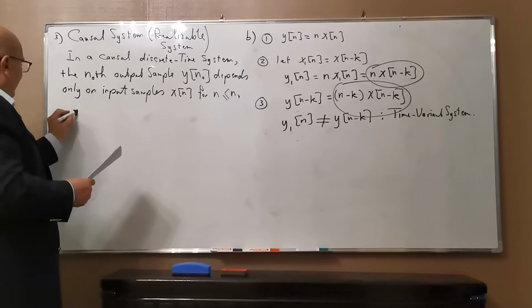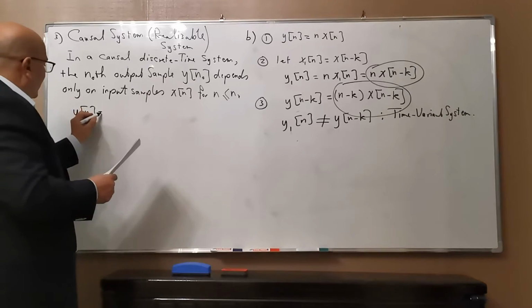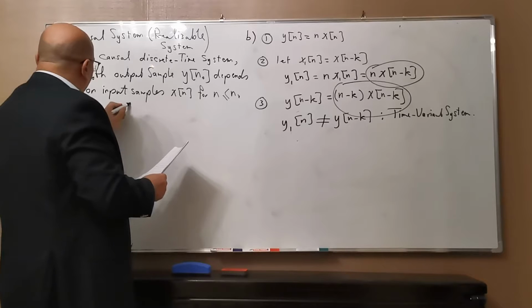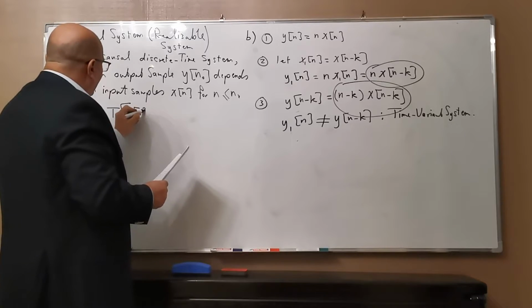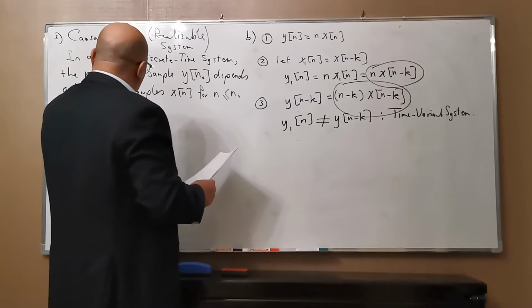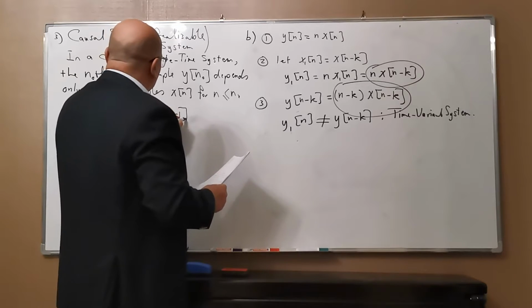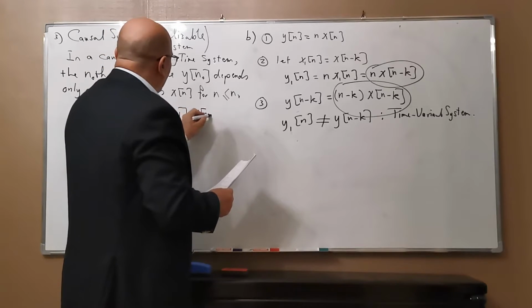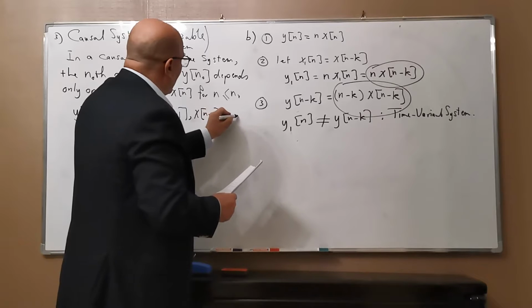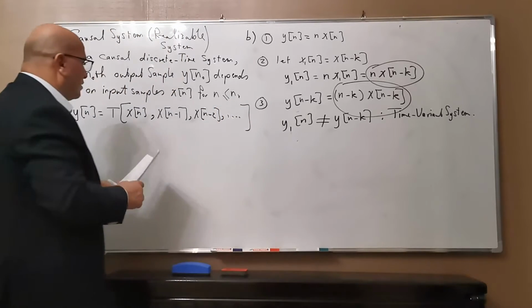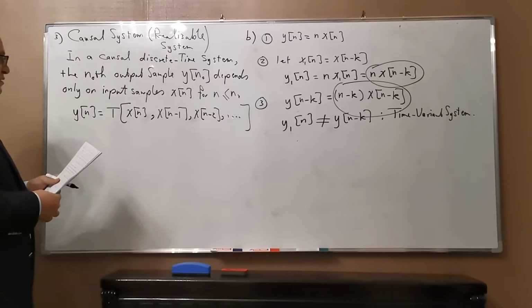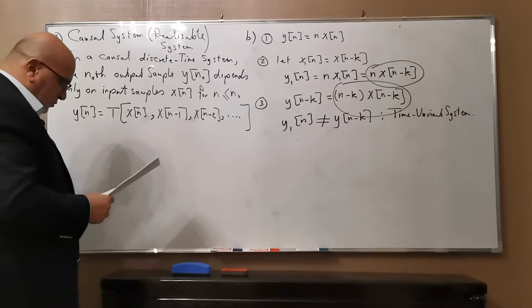So we can say that y of n is a transformation of x of n and previous x's: x of n minus 1, x of n minus 2, and other previous x's.